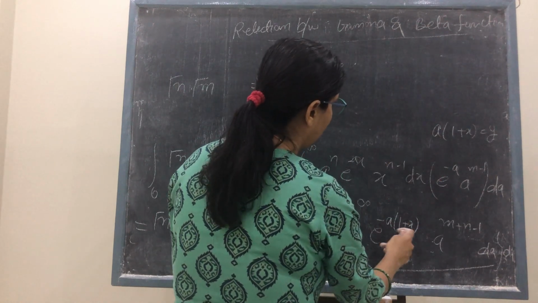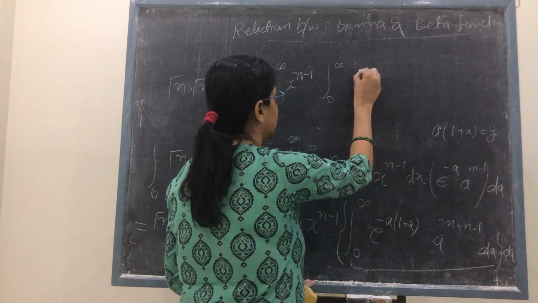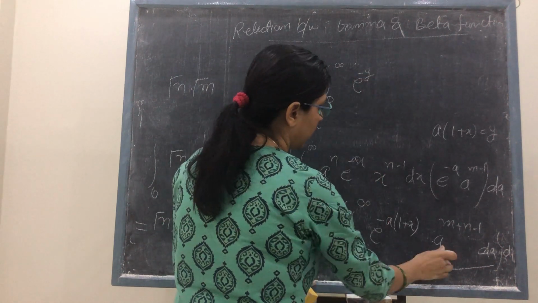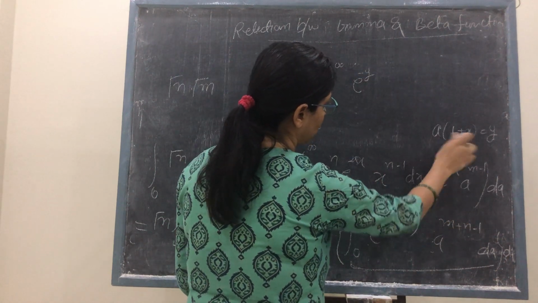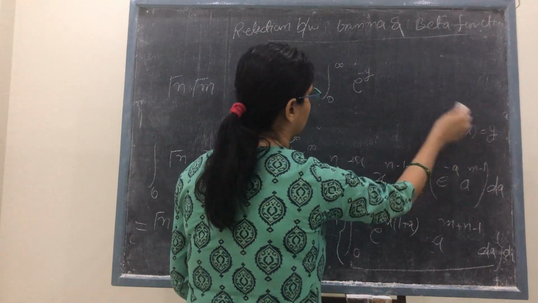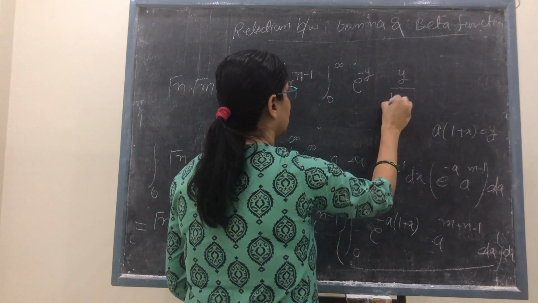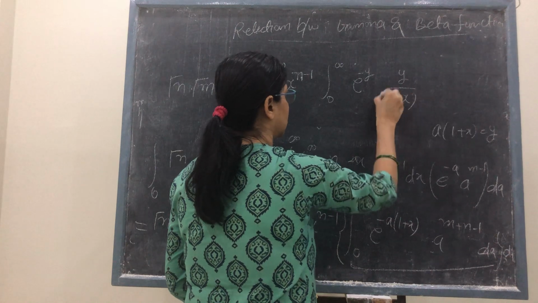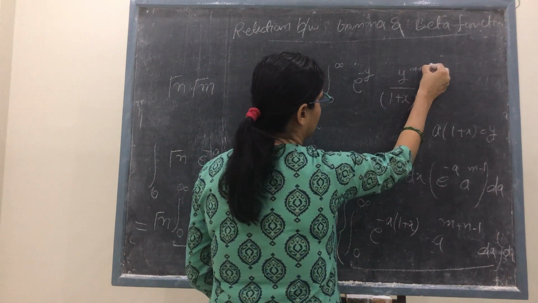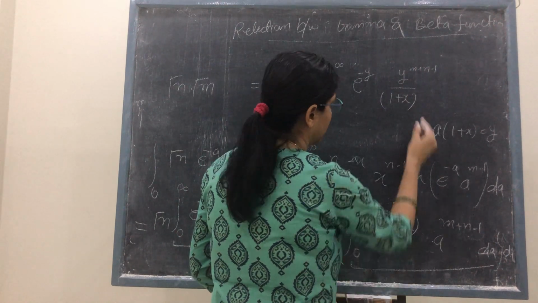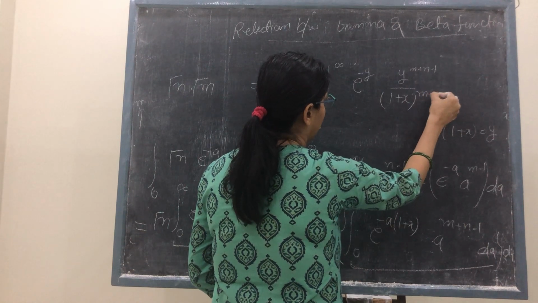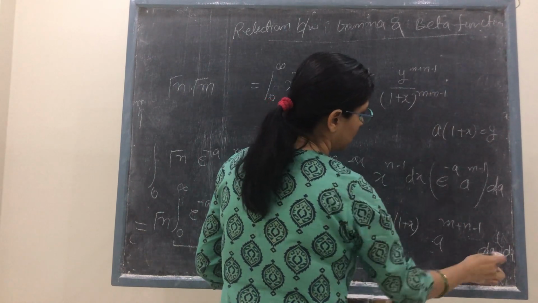Now e raised to the power minus a(1 plus x) is e raised to the power minus y. a raised to the power m plus n minus 1, with a equals y over 1 plus x, is y over 1 plus x, y to the power m plus n minus 1 and 1 plus x to the power m plus n minus 1.